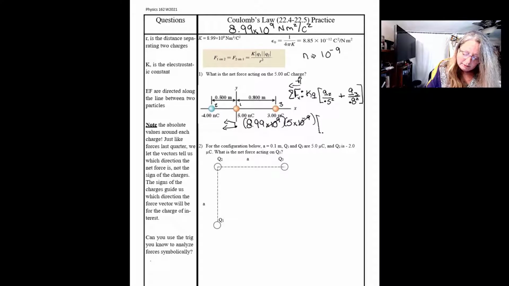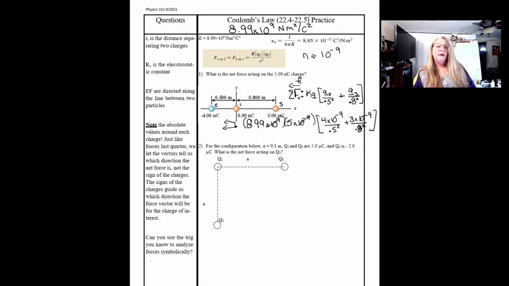But in here, I still have 4 times 10 to the negative 9 over 0.5 squared plus 3 times 10 to the negative 9 over 0.8 squared.